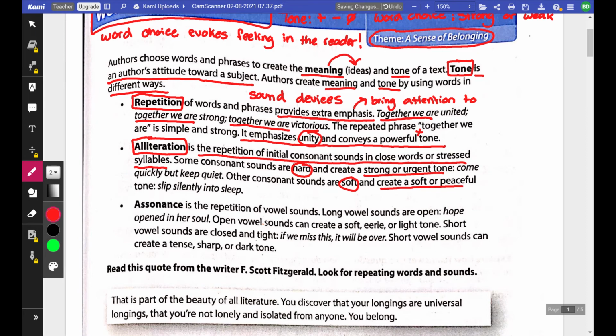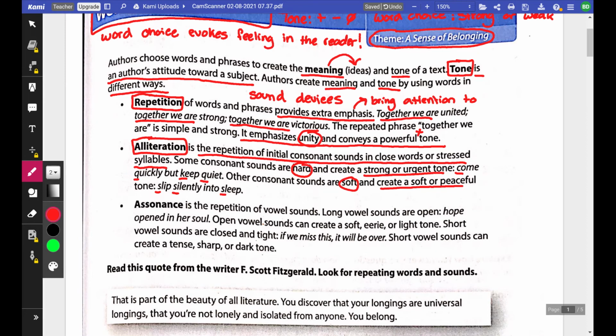So, our example of the hard consonant sounds that creates a strong or urgent tone would be come quickly, but keep quiet. So that beginning k sound is what's being repeated. So come quickly, but keep quiet. So next let's go back to our soft consonant sound. So slip silently into sleep. That sound at the beginning is what's being repeated here. So you may be thinking that if they have the same beginning letter, they're going to have the same sound. Well, that's not true.